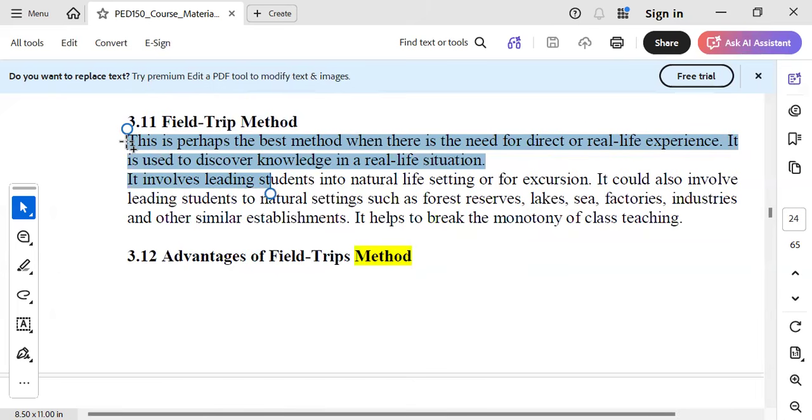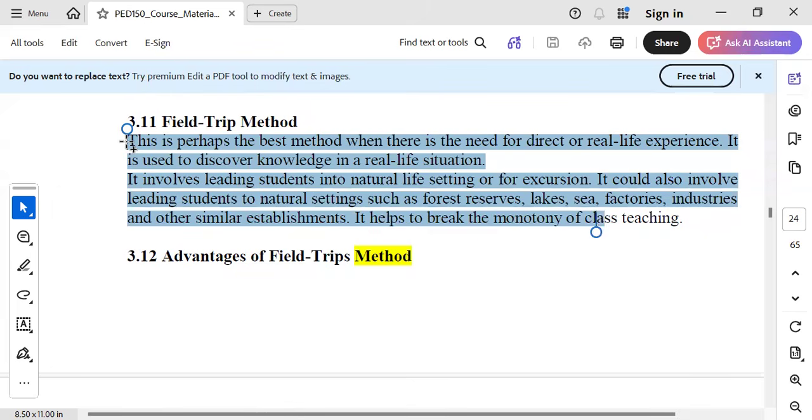It involves leading students into a natural life setting or an excursion rather. It could also involve leading students to natural settings such as forests, reserves, lakes, sea, factories, industries, and other similar establishments.